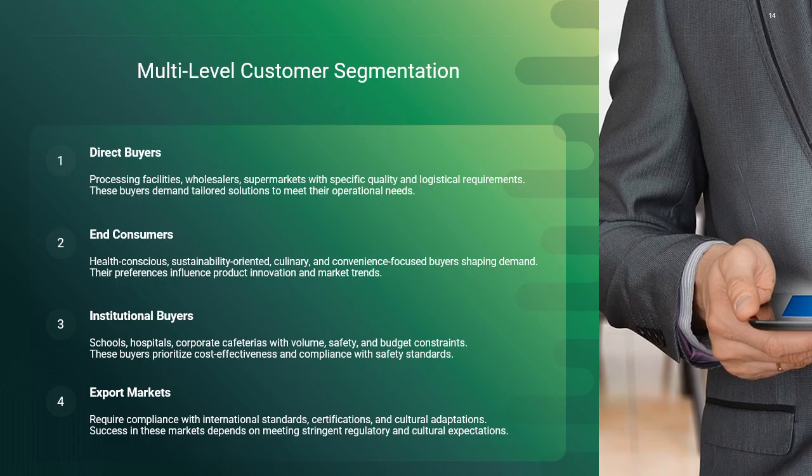These buyers demand tailored solutions to meet their operational needs. A processor might require specific variety characteristics and harvest timing windows. A wholesaler needs consistent grading and efficient handling. A supermarket demands standardized packaging and reliable delivery scheduling. Understanding and meeting these varied requirements is essential for successful commercial relationships.